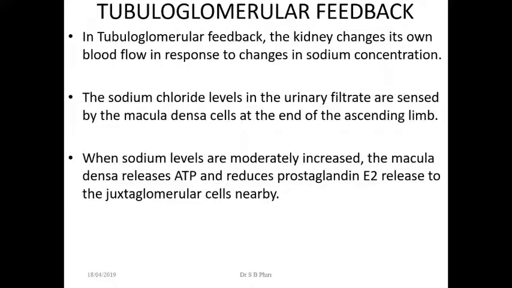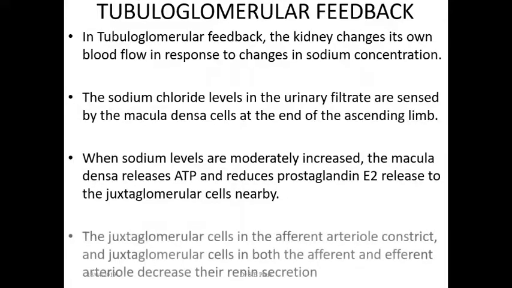And you know that prostaglandins are vasodilators. So when you have a lot of prostaglandins, the smooth muscle cells are going to relax. So here, because you want to have more vasoconstriction, the production of prostaglandin is going to reduce. But what's the actual mechanism?